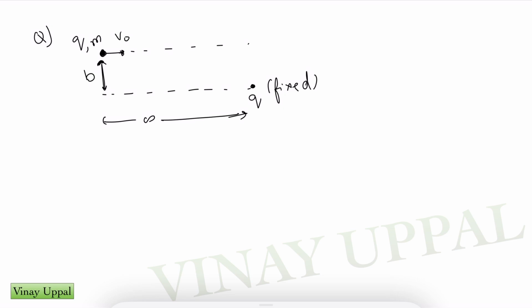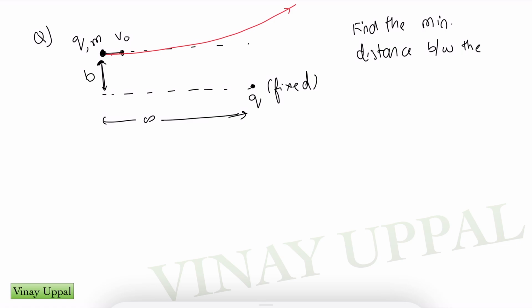What will happen is, the left hand side charge will undergo Coulomb repulsion by the fixed charge, and it will go something like this. So I want to calculate the minimum distance between the charges during the motion. You should be able to see that the distance between the two charges will keep on reducing.